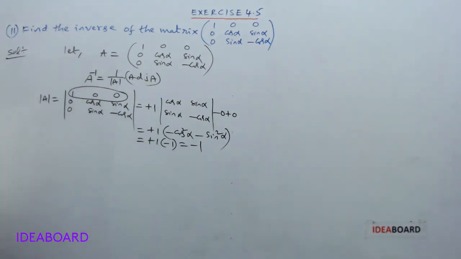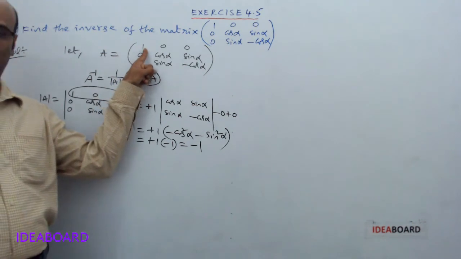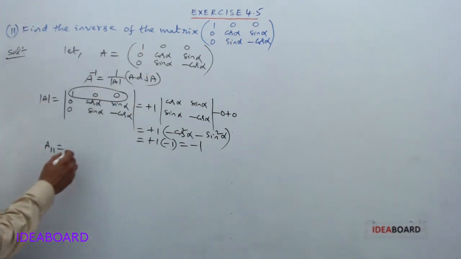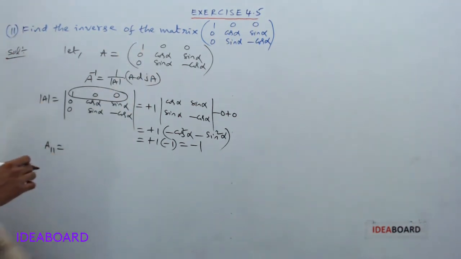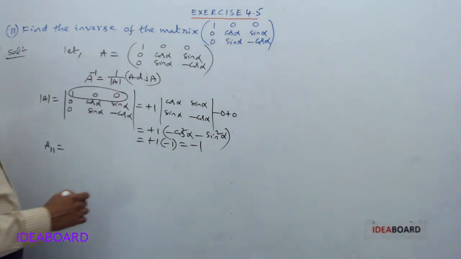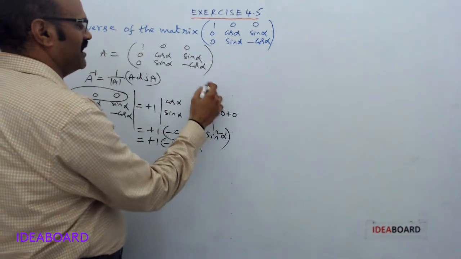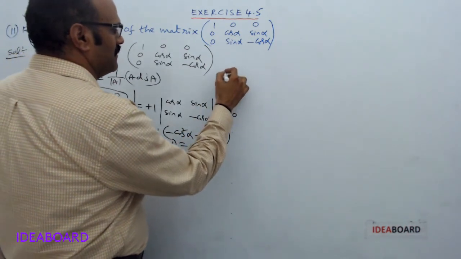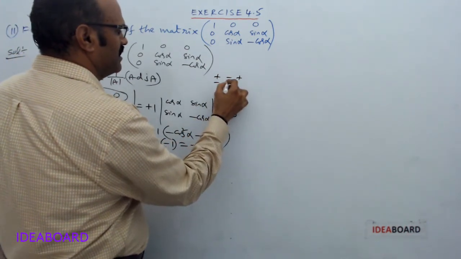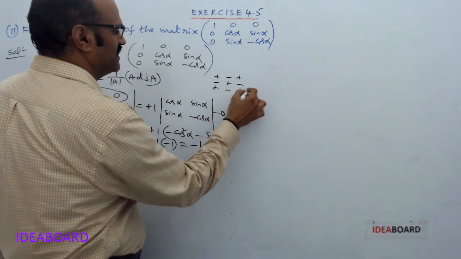Here A11 equals the cofactor of 1. Whenever we have a 3 by 3 matrix, we take the signs plus, minus, plus, minus, plus, minus, plus, minus, plus.